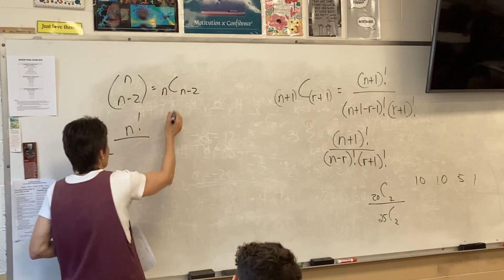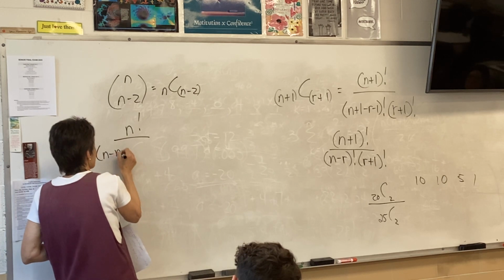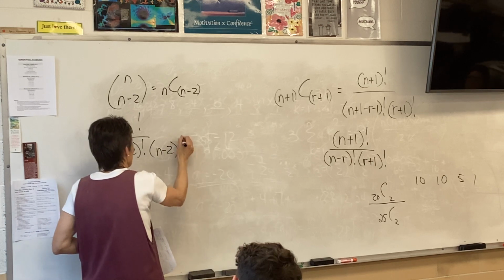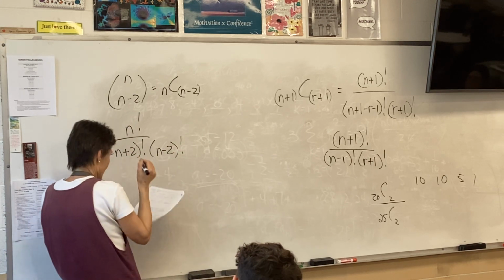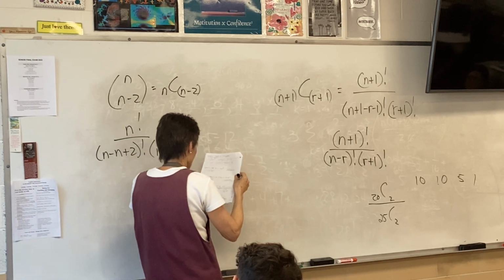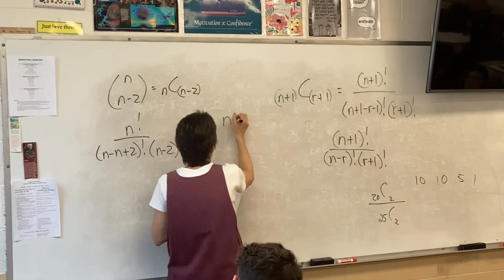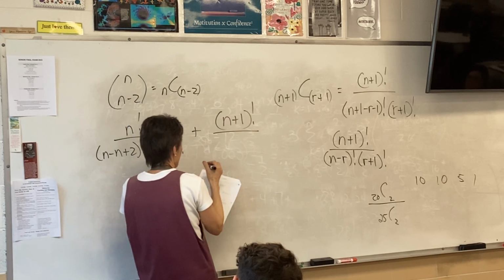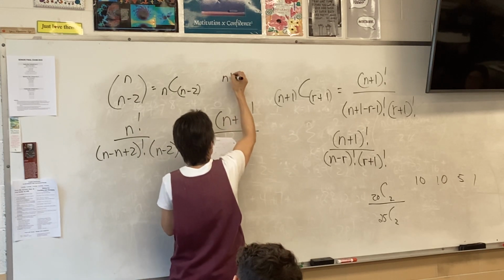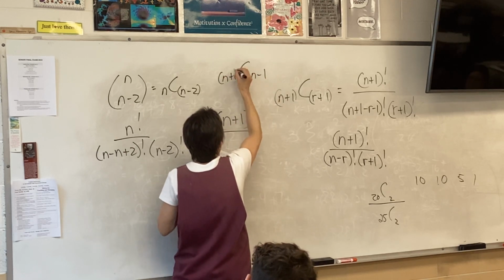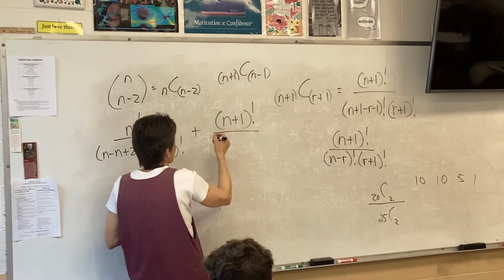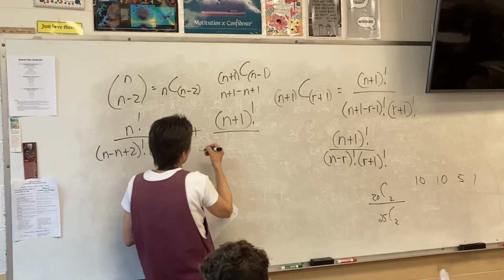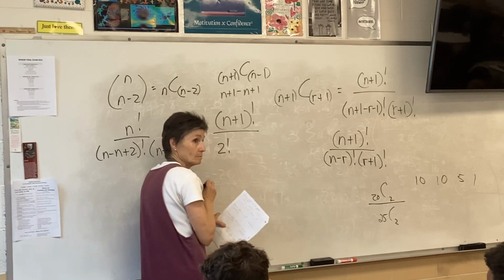Okay, I've got to add that to something. What am I adding that to? n plus 1 choose 2, so n plus 1 factorial over 2 factorial times n minus 1 factorial. I'm going to subtract, so that's n plus 1 minus n plus 1, 2 factorial.